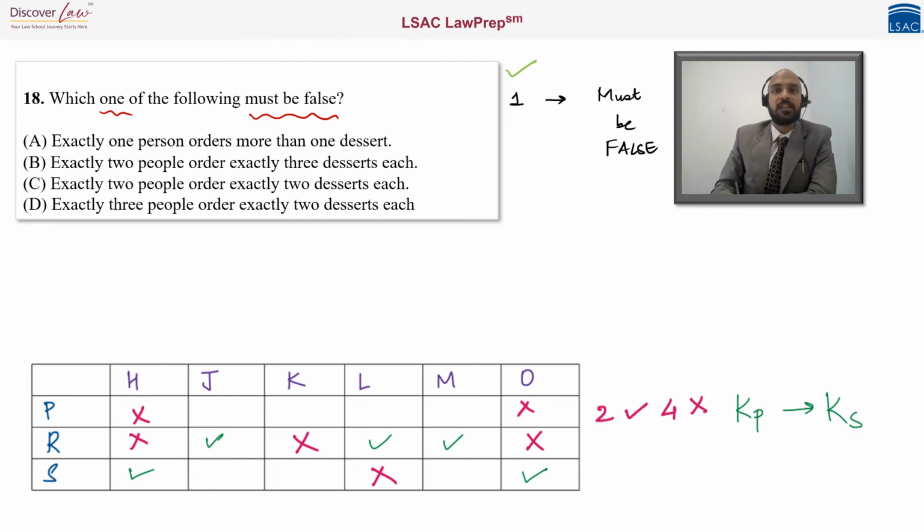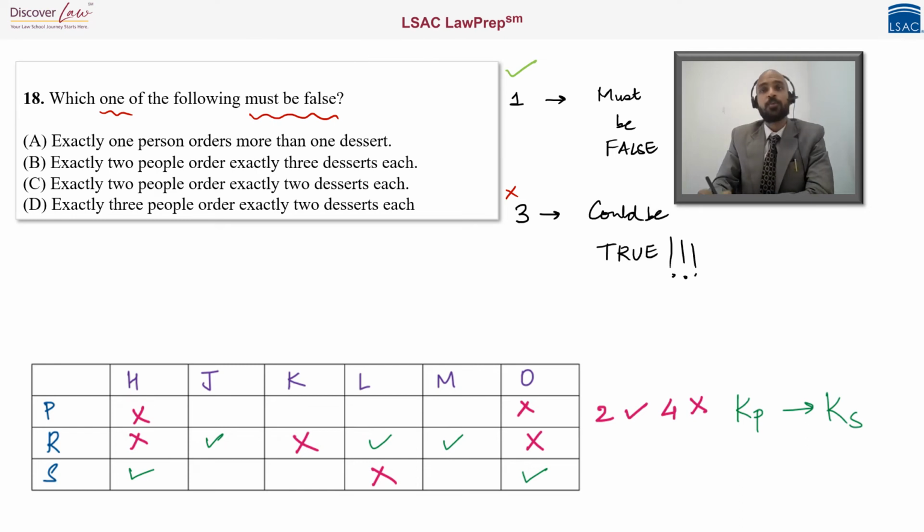So what can you say about the other 3 options that are wrong? What you can say about them is that the other 3 could be true.